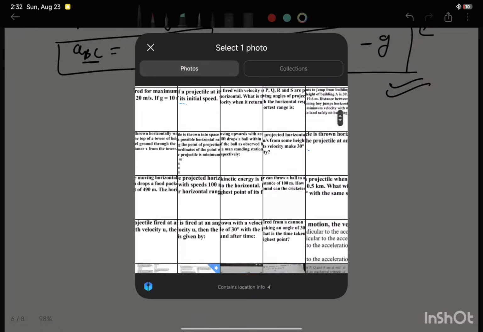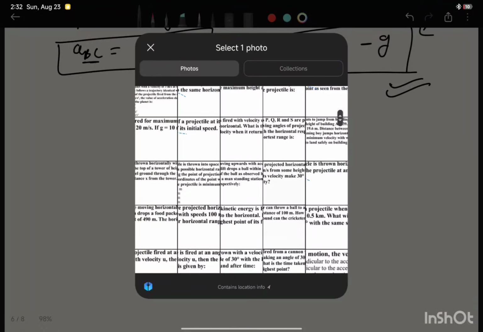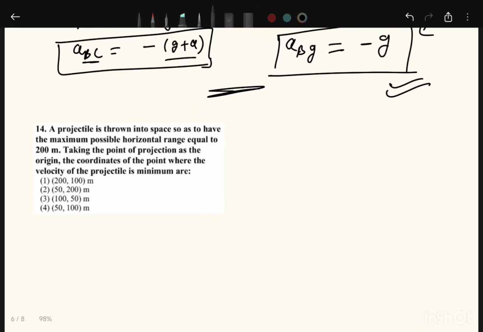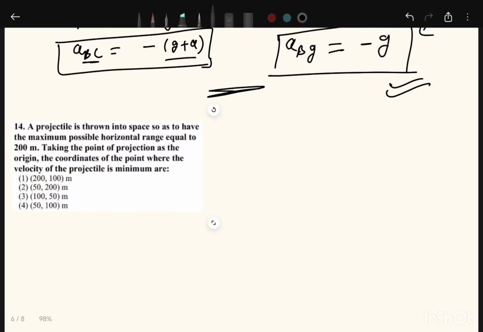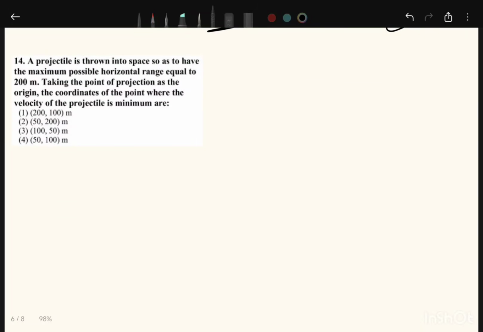Question number 14 is saying a projectile is thrown into space so as to have the maximum possible horizontal range, that is equal to 200 kilometer, taking the point of projection as the origin.